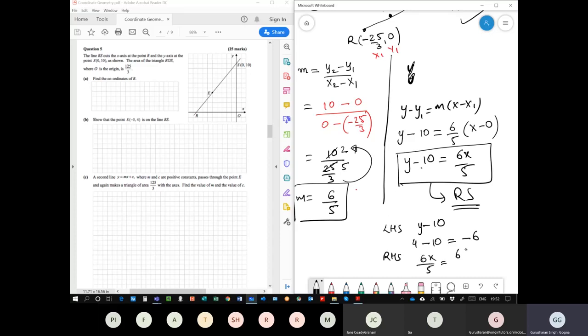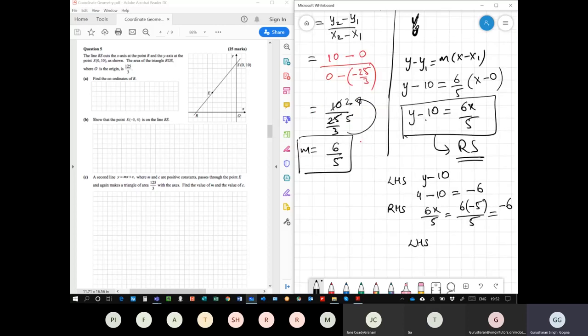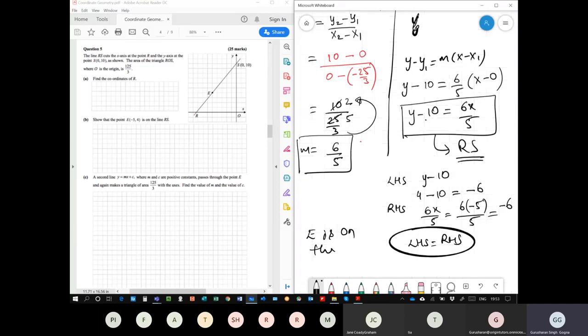So 6 times x. X means minus 5 over 5. So this will give you minus 6 as well. So you can see that left hand side equal to right hand side. And this means E is on the line R or S.